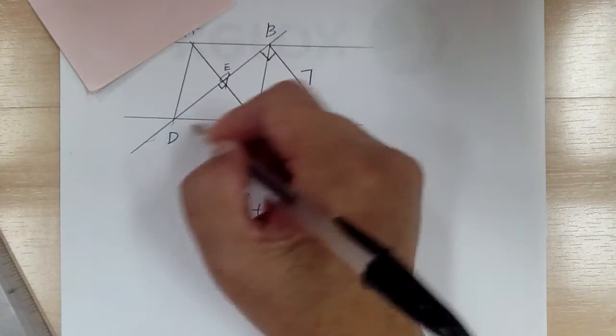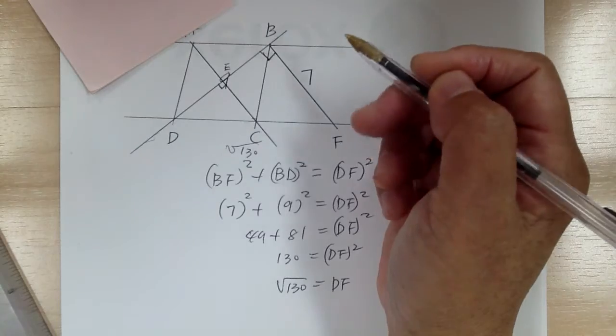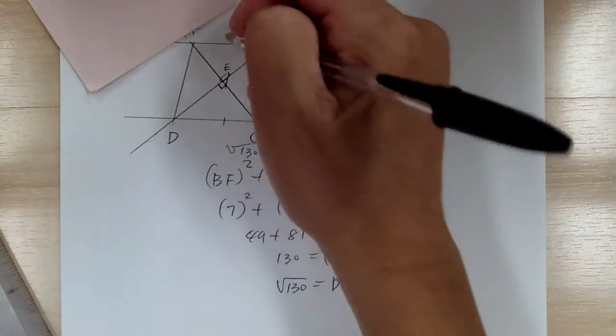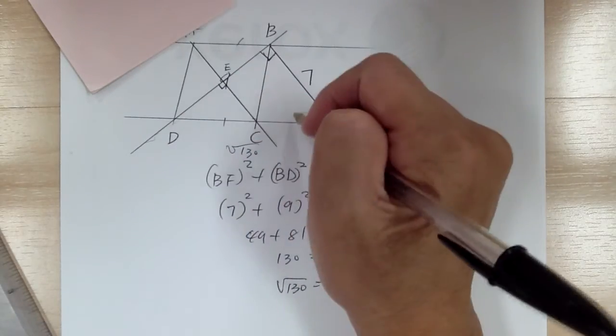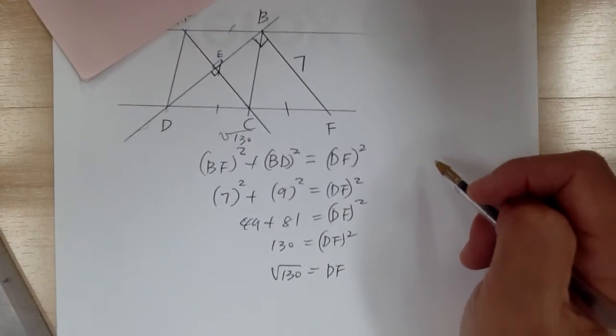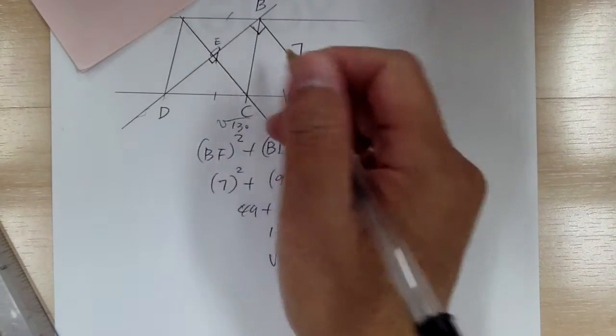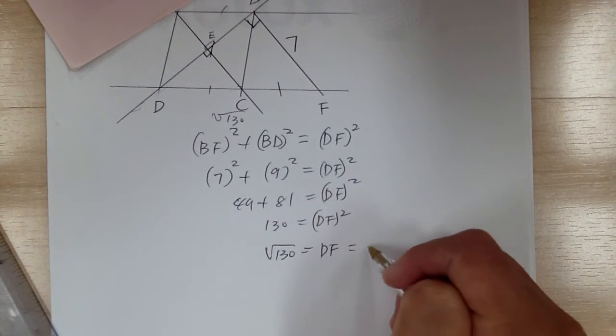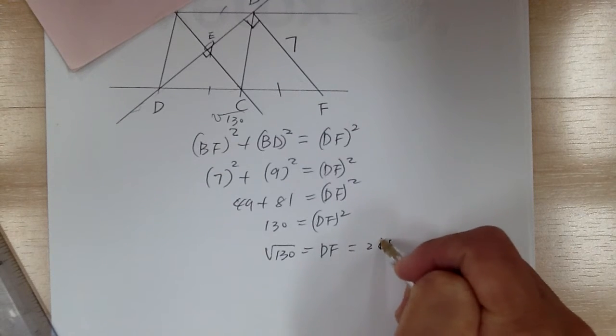And actually this is a parallelogram, so this and this are congruent, and this will be congruent also. So DF is actually twice DC, so this is equal to 2 times DC.